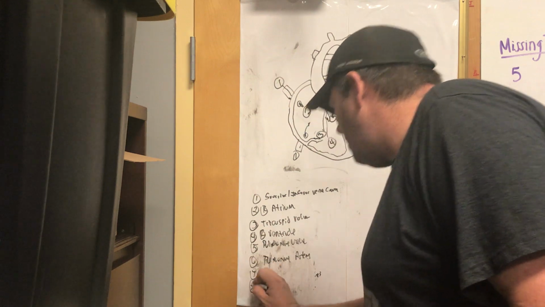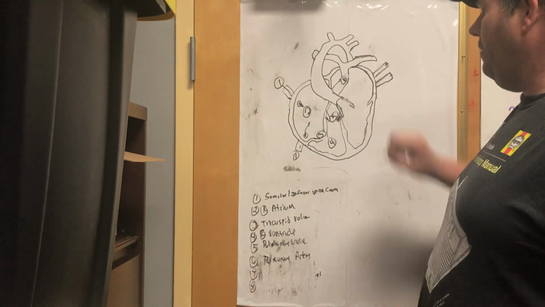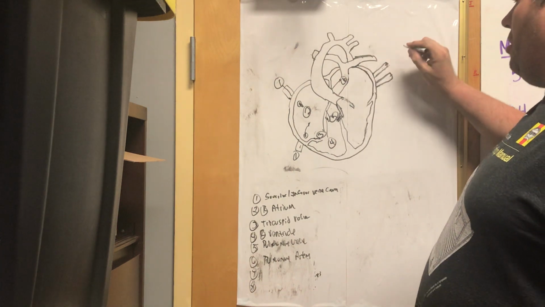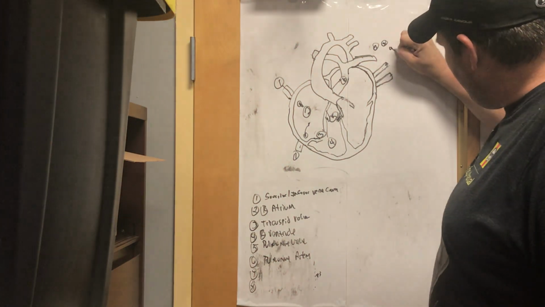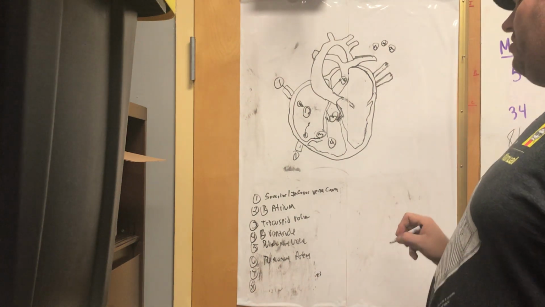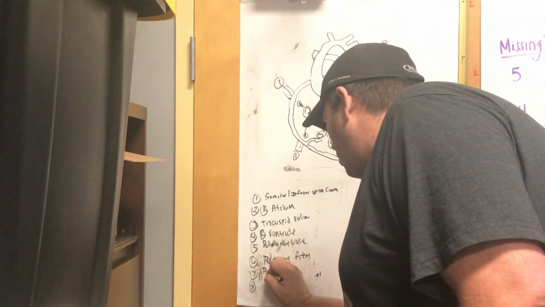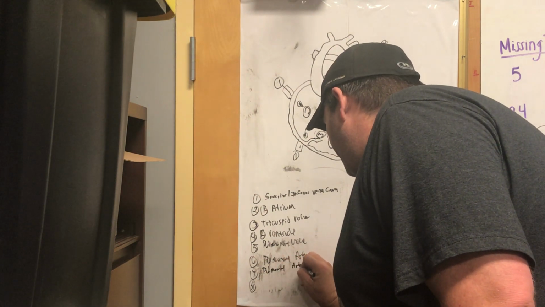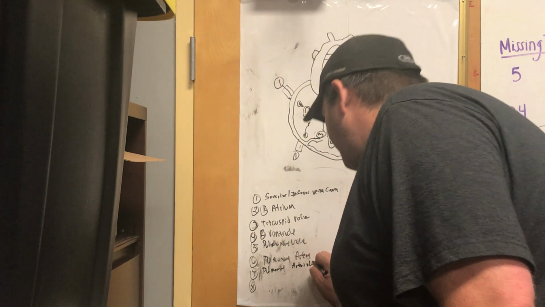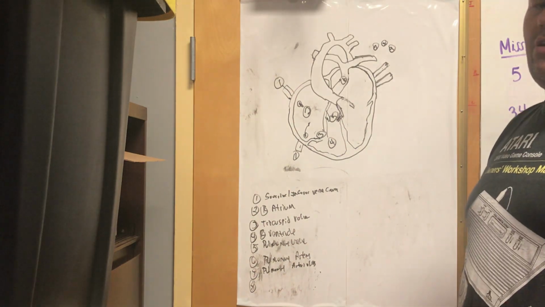Okay, so we're in the pulmonary artery now. So from our pulmonary artery, we're coming out, and we're going into number 7, 8, and 9 out here. 7 is the pulmonary arterioles. I feel like I'm always saying that wrong.